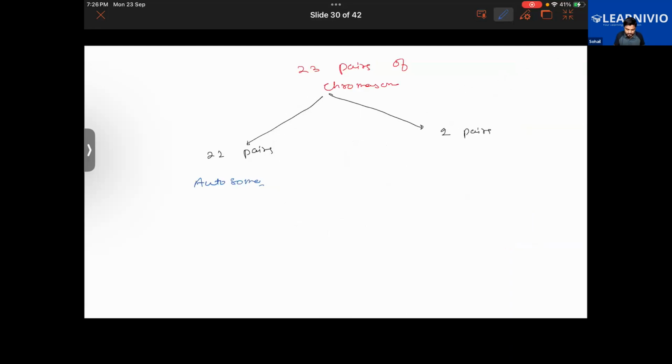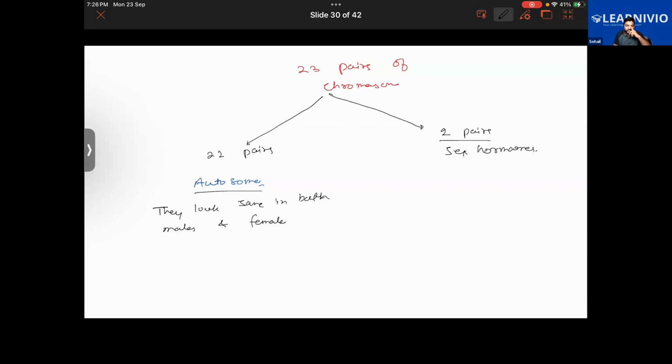Getting this now? So they look the same in both males and females. Now, the one pair that is left is called the sex chromosomes.